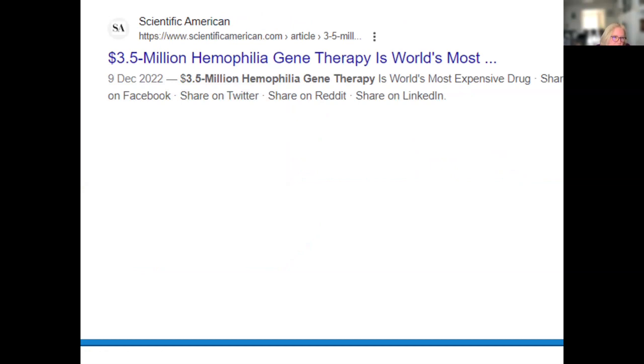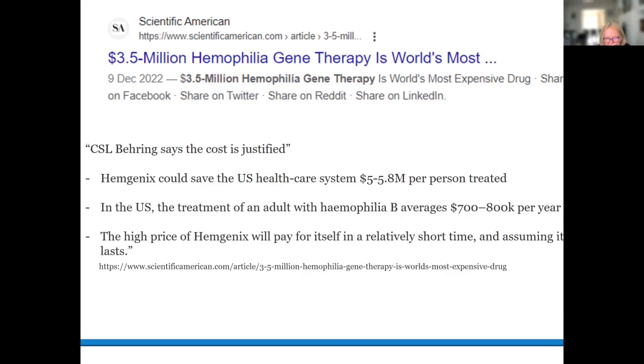So when it was licensed, the headlines were that it's the world's most expensive drug and costs approximately $3 million to treat a patient, and it's a very scary number. But you need to put this number into context, and the context really is provided here.